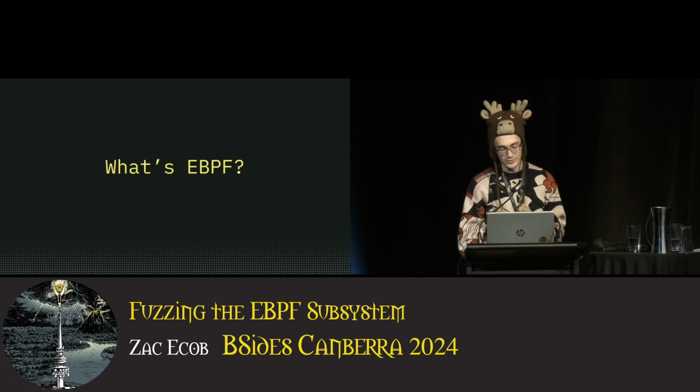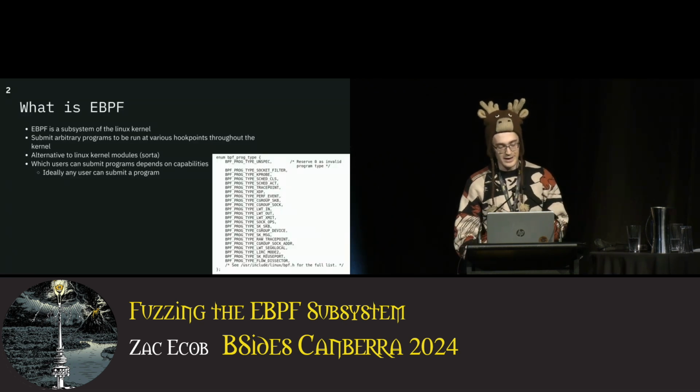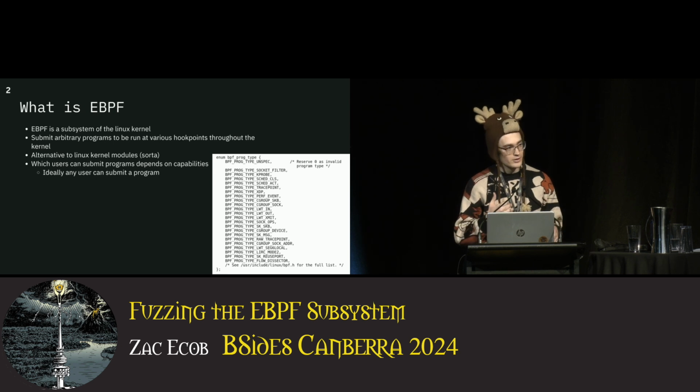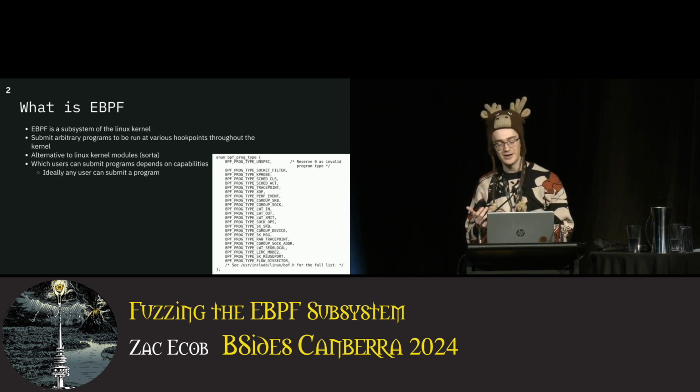Now to the more important question, what's eBPF? It's a subsystem of the Linux kernel, as you might already know from 30 seconds ago, but basically we can submit arbitrary programs to be run at various hook points throughout the kernel.